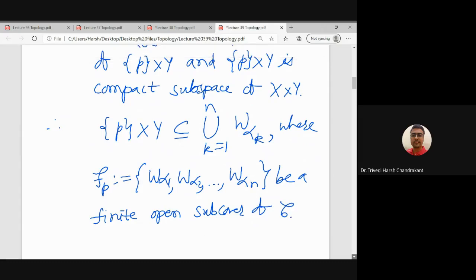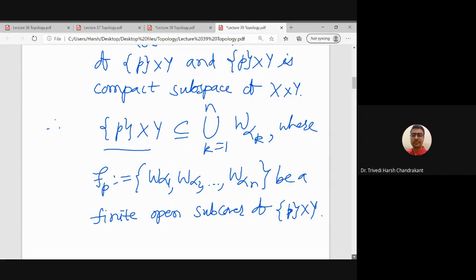This is a finite subcover of P cross Y. So it is a subfamily of C, but it is a finite open subcover of P cross Y.